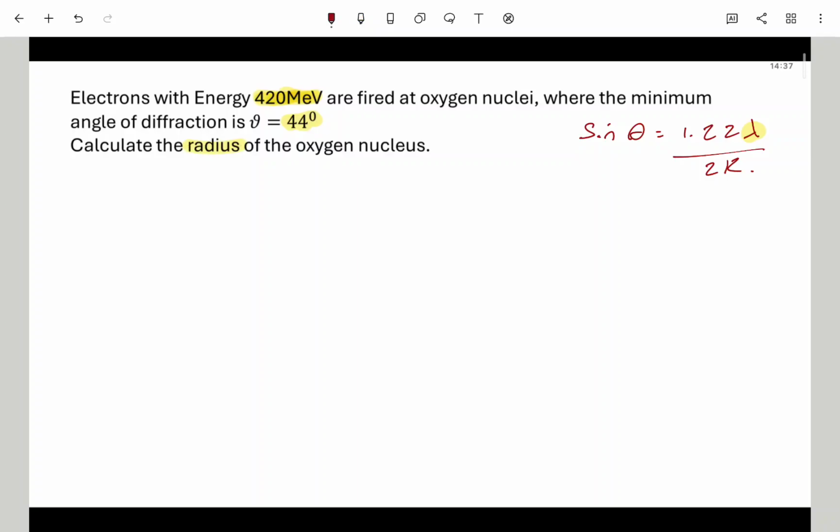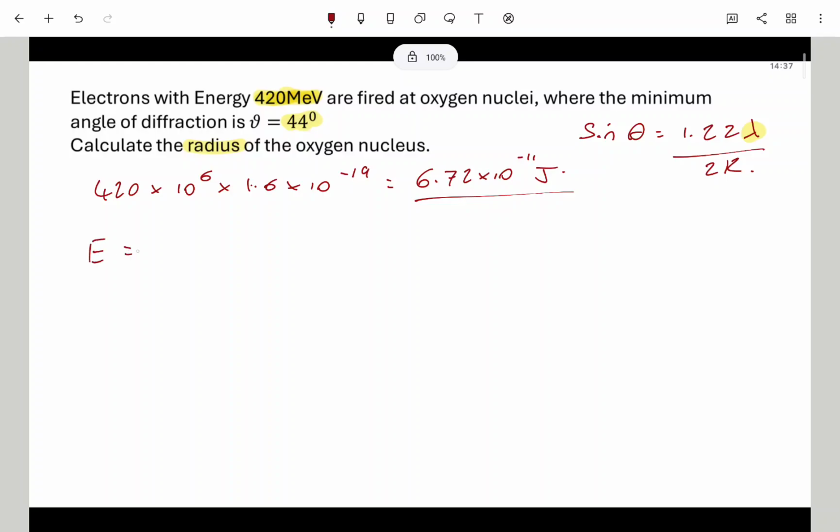So we need to convert that 420 MeV. So 420 times 10 to the 6 multiplied by 1.6 to the power minus 19. That'll give us the energy in joules, which is 6.72 times 10 to the minus 11 joules. Then we're going to use the equation that we shouldn't really be using but works anyway.